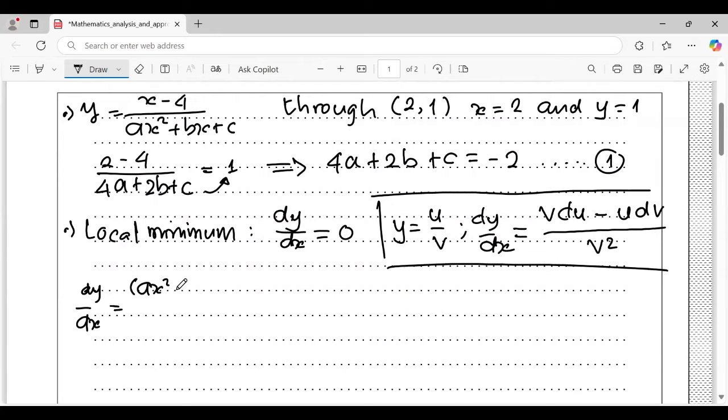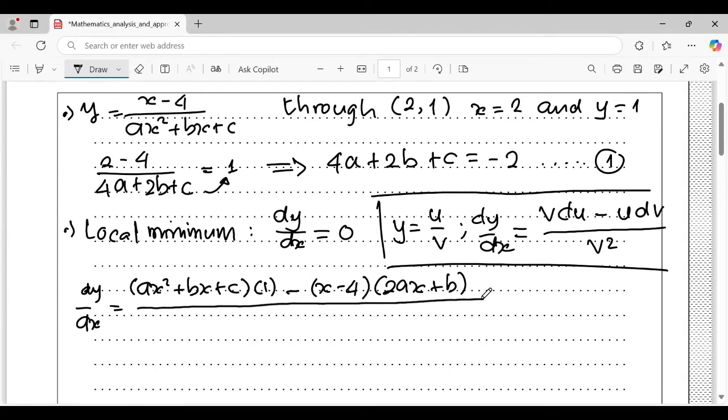So ax squared plus bx plus c, times the derivative of x minus 4, which is 1, and then minus x minus 4 multiplied by 2ax plus b, over v squared, which is ax squared plus bx plus c squared, equals 0 based on this rule.